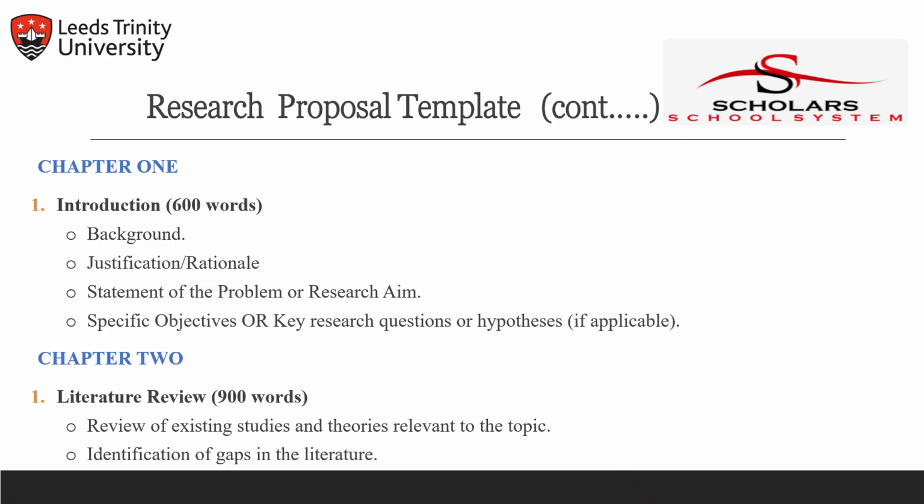And after understanding and reviewing this literature, they have to identify the gap in the present research, and they have to provide the rationale for the selection of the area of research under this chapter 2.